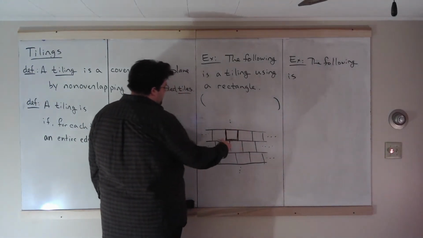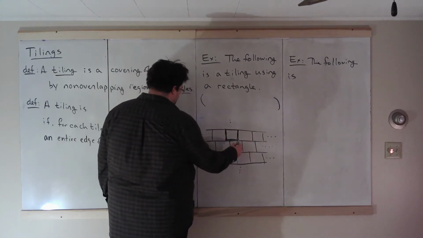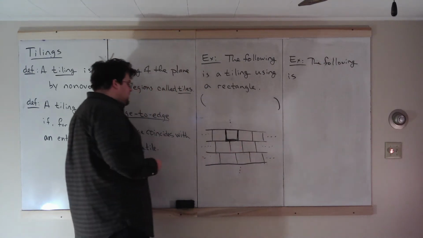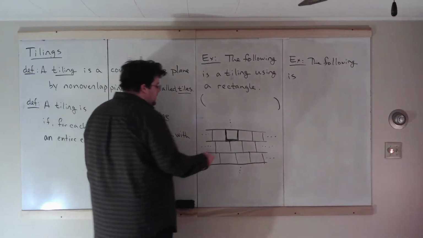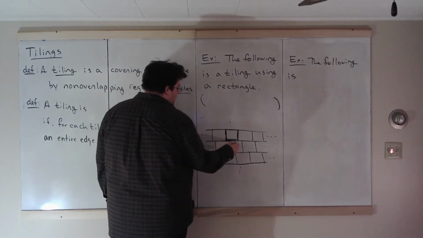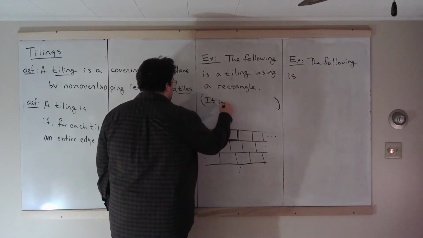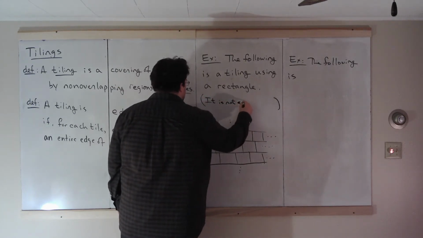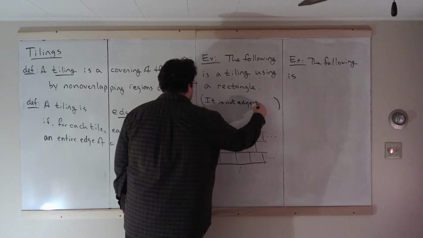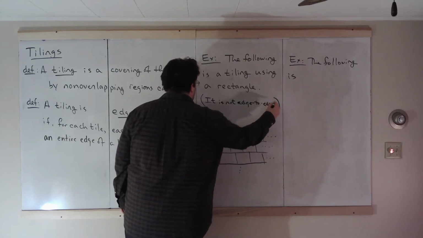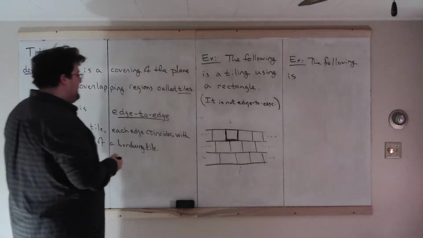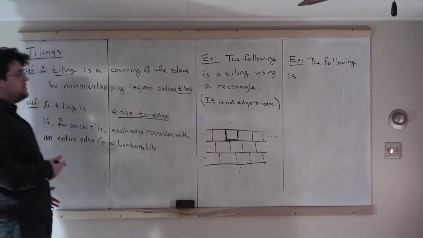The bottom definitely doesn't, because the bottom hits this rectangle over here and this rectangle over here. So this is not edge to edge. But it is still a tiling.